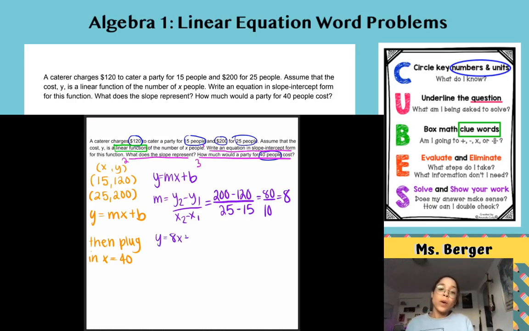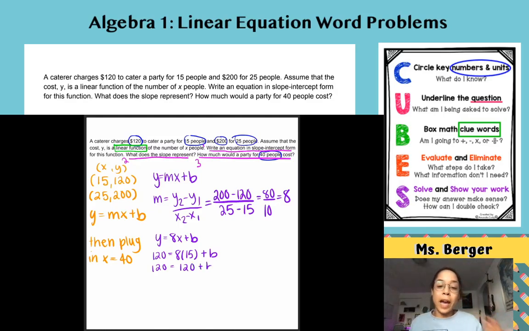Then what we want to find is our y-intercept. We want to find our b. We weren't given a b, so sometimes it's nice to just assume that it's going to be 0. I mean, if we have 0 people, then we know our party's going to cost $0. But say we're nervous and we didn't know that reasoning and we wanted to double check.